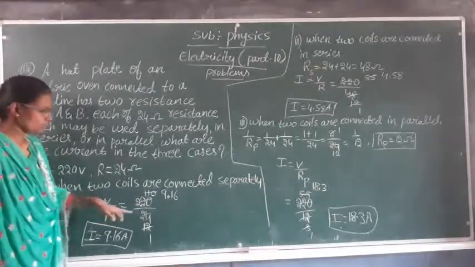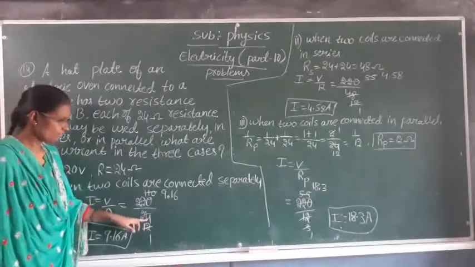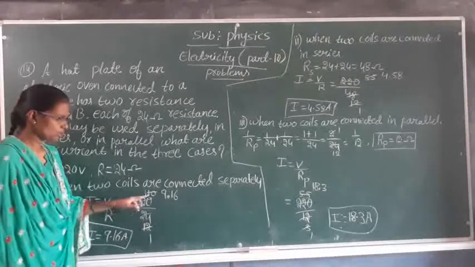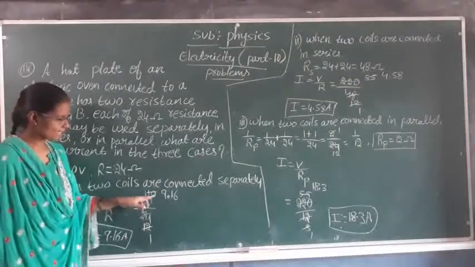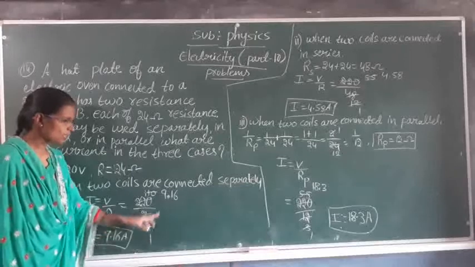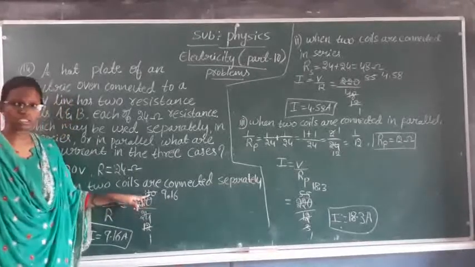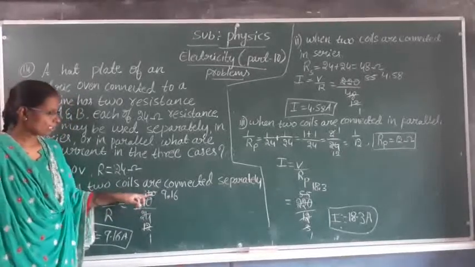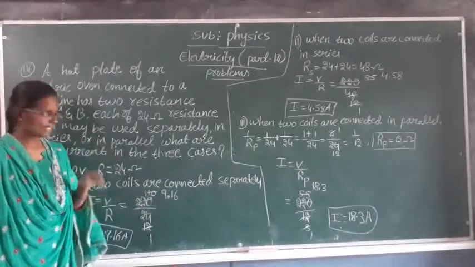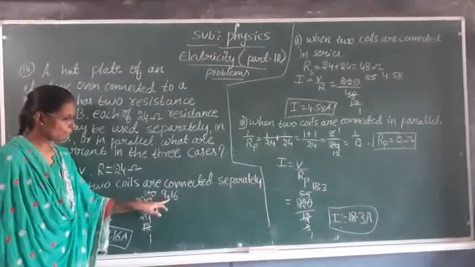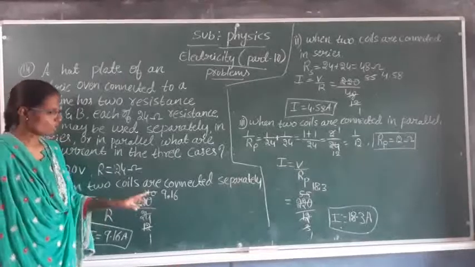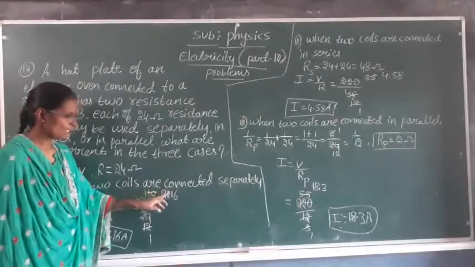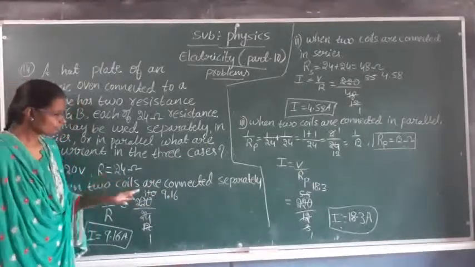So cancel 2. 2 1s are 2, 2 2s are 4. 2 1s are 2, 0 remains as it is. So again 12 9s are 108. So in 110, 108, 2 remains. So it will not go in, take decimal point, it will become 20. So 12 ones are 12. So again how much remains here?